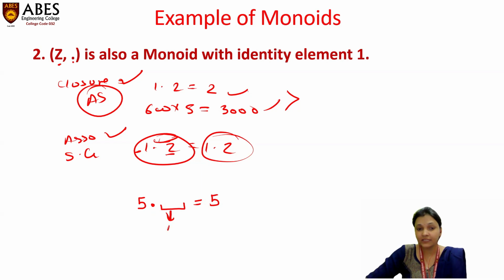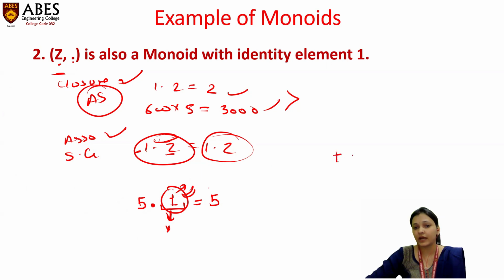First we have to find the identity element, and then we can check whether it is in the set or not. So take any element from the given set. I am taking 5. Applying multiplication on 5 with what value will we get 5? This will obviously be 1.